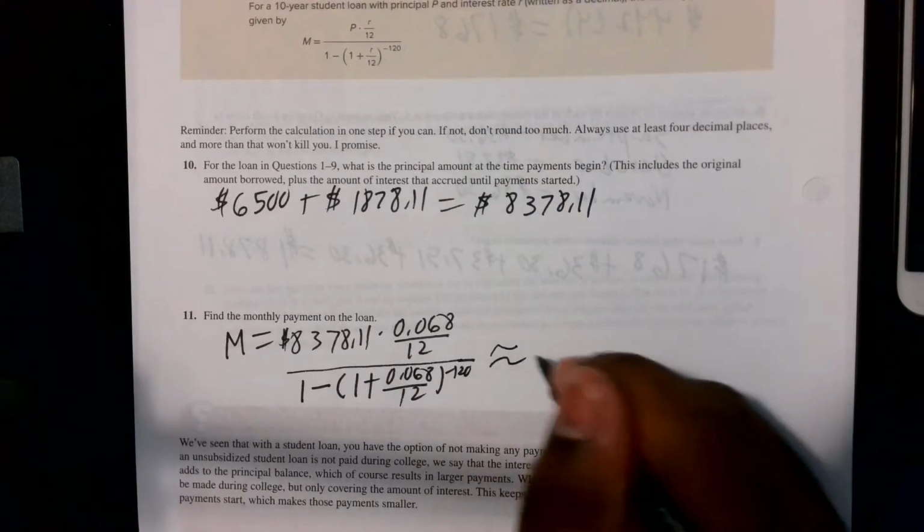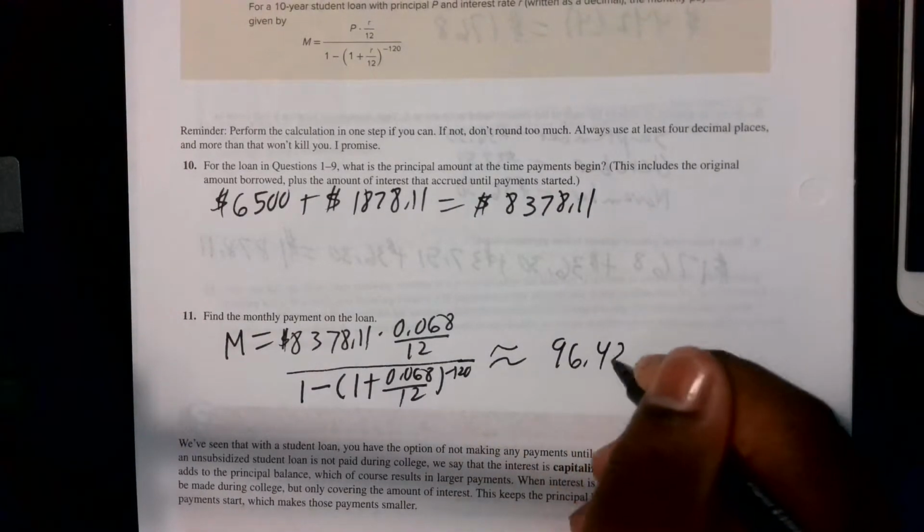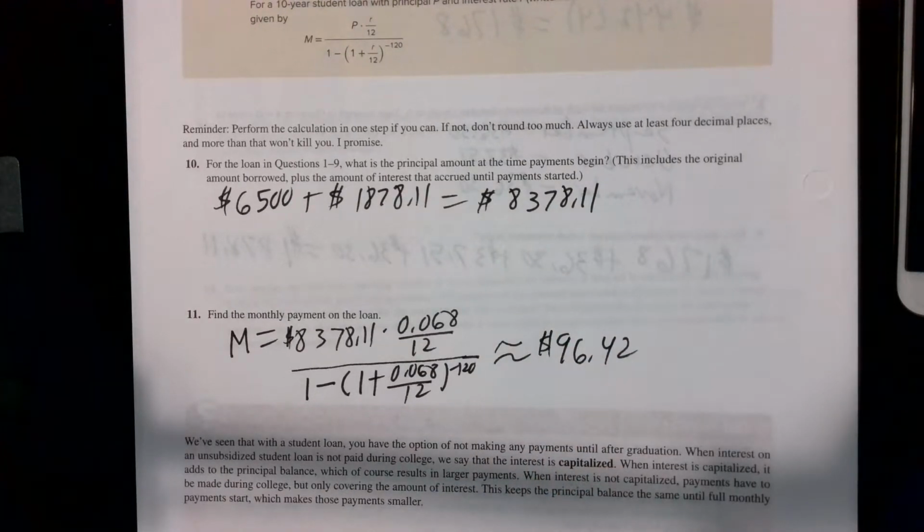And that would be approximately $96.42. Now, I did show you all back in section 3.3 how to type this in the calculator, but I will take time out right now to show it one more time.